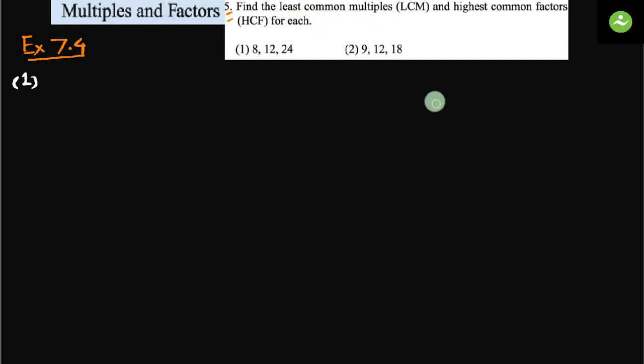We know for finding least common multiples, first we have to find the multiples. Once we found multiples, then we find the common multiples.